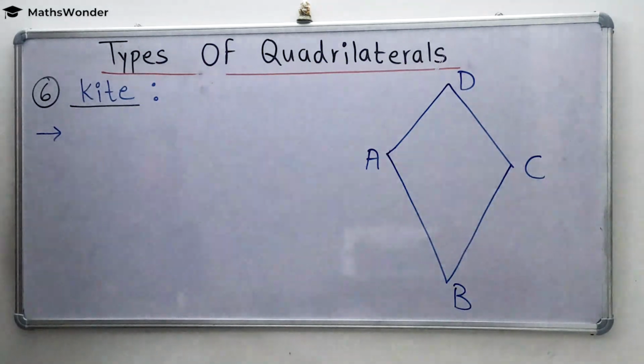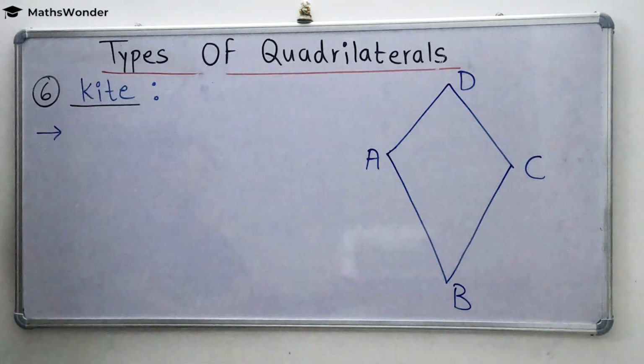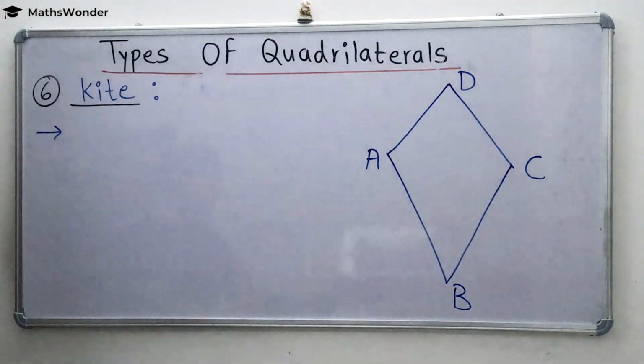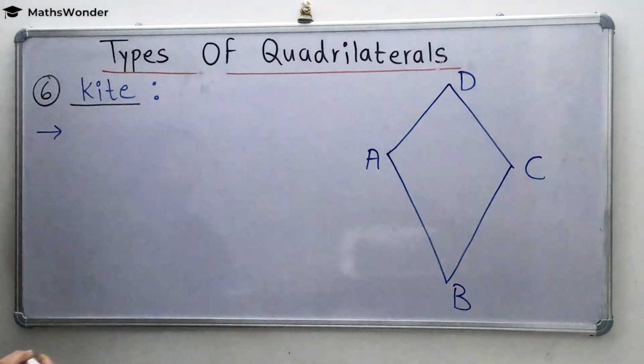So the last type of quadrilateral is the kite. Now what is the first property of a kite? A quadrilateral which has two pairs of equal adjacent sides but unequal opposite sides. What does this mean?